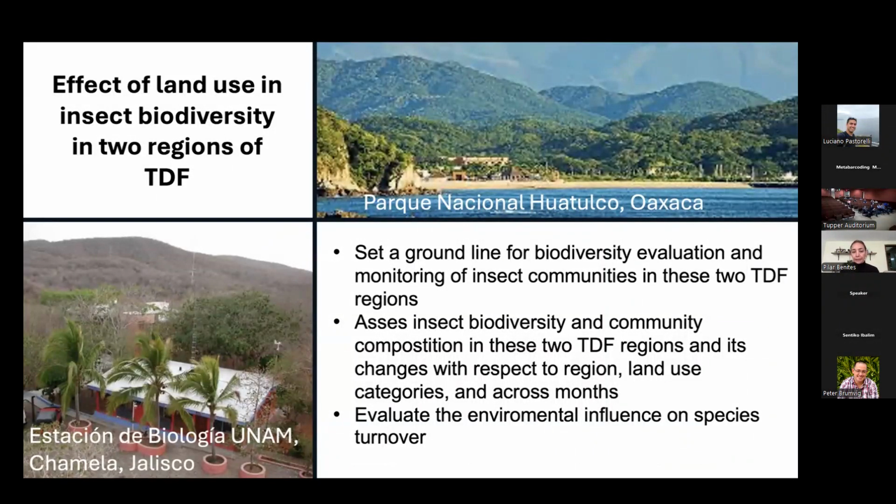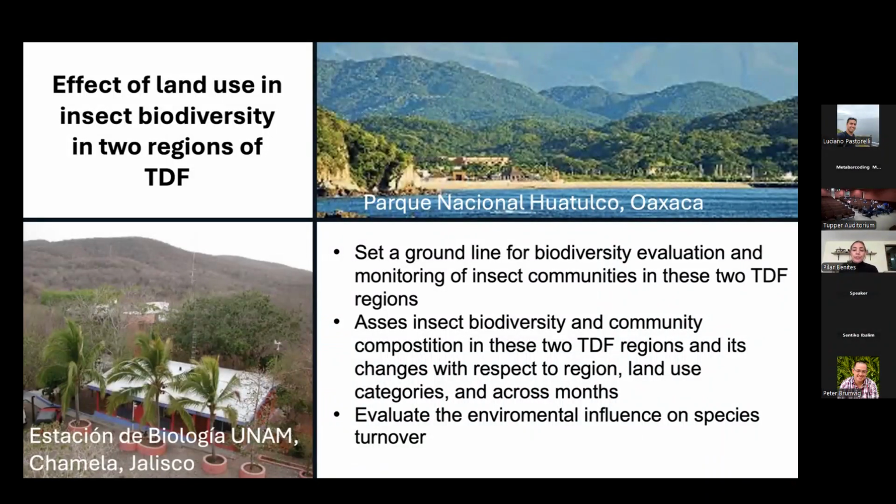To that end, we started this project in 2021 in the Estación de Biología of UNAM and in the Parque Nacional Huatulco in Oaxaca.